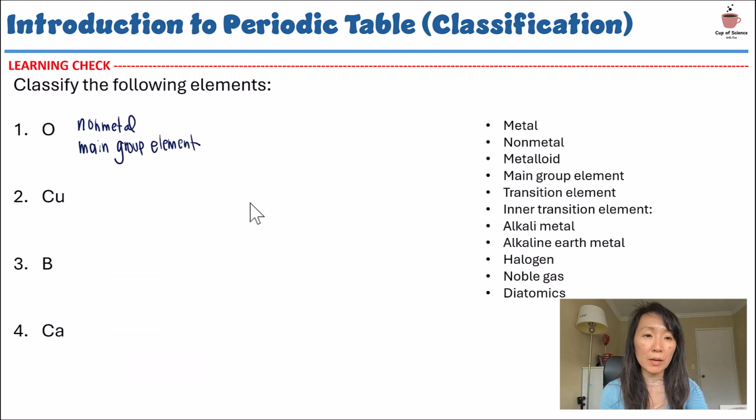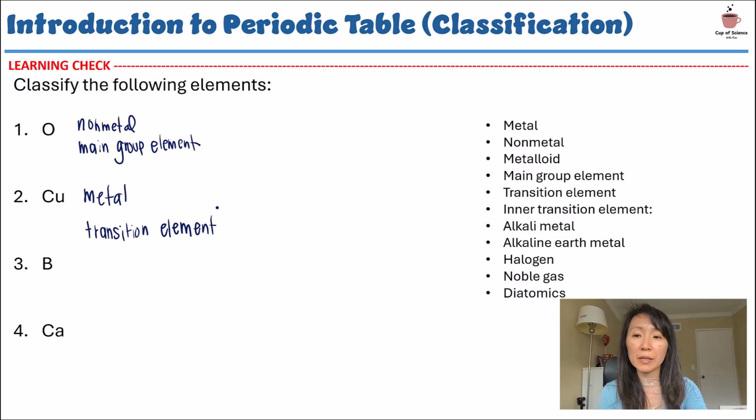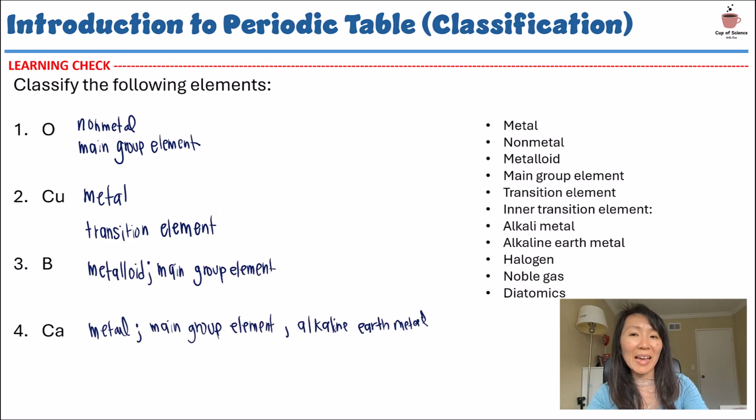So let me go back. So this is a metal and a transition element. Sometimes you might hear transitional element, and that's the same thing. Okay, you're going to try boron and calcium and come back and check the key. And here is the key.